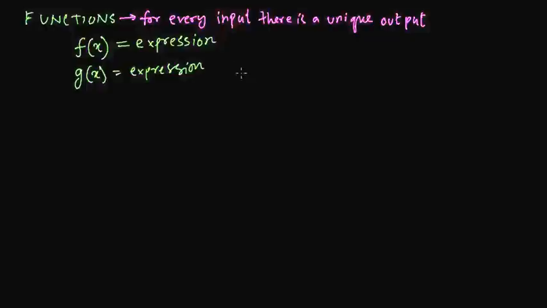So if you put one value as the input, you'll get exactly one unique value as the output. If you put one value and there are two or more values as the output, it is not a function. The input value is called the domain and the output value is called the range.